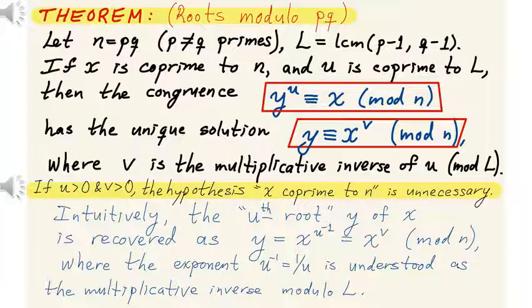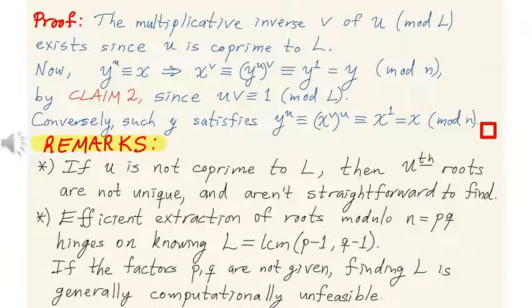In other words, this works for taking roots of any elements of the ring Z mod n. So this works for congruences modulo n, raising to a power, and the inverse operation, as long as you take exponents that are positive and multiplicative inverses modulo L. The condition that the exponents are coprime to L is essential. The condition that the base elements x and y are coprime to n is not essential, and in fact it is redundant.